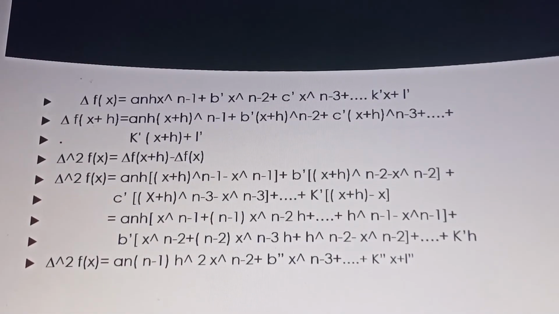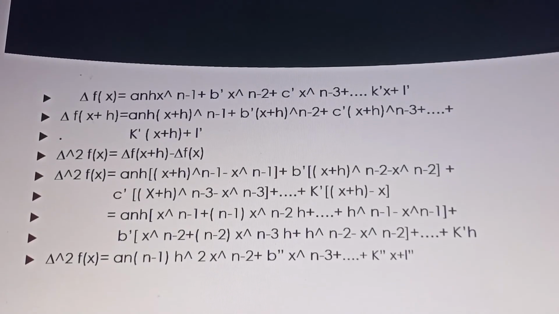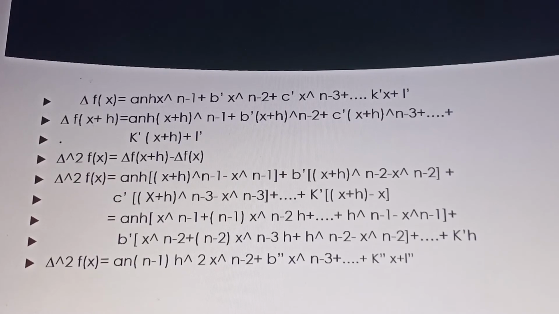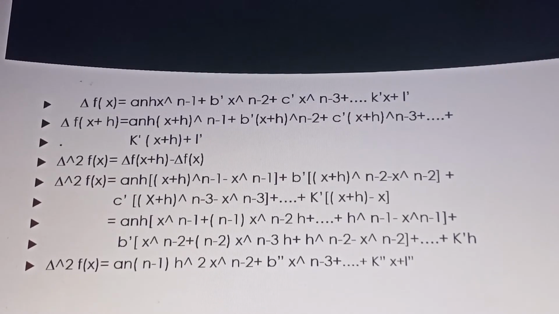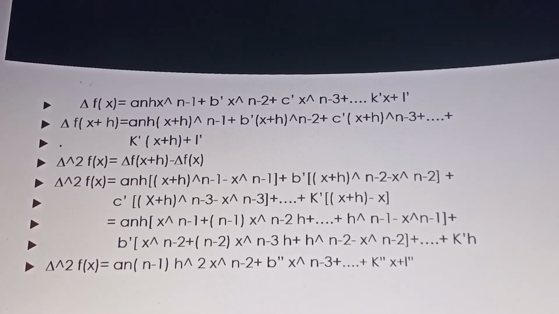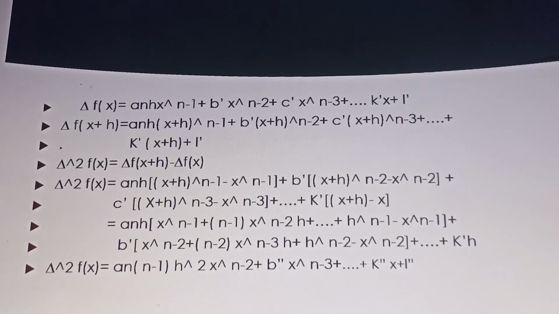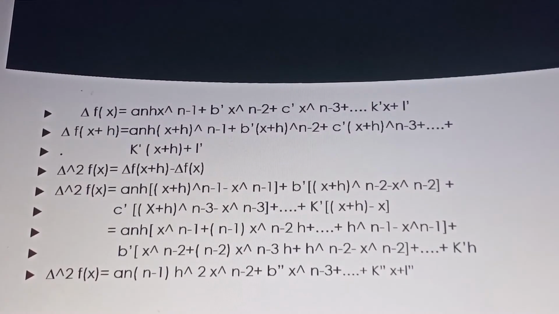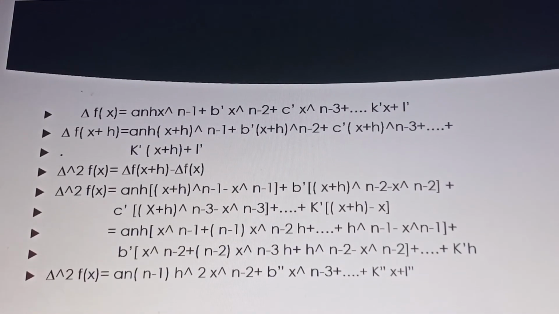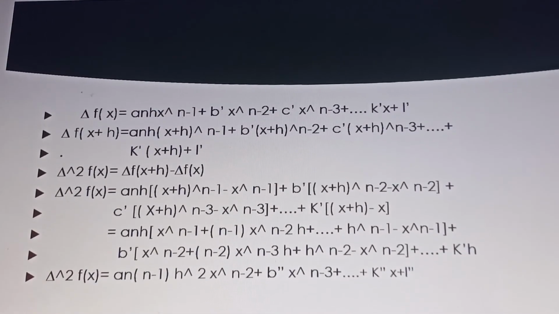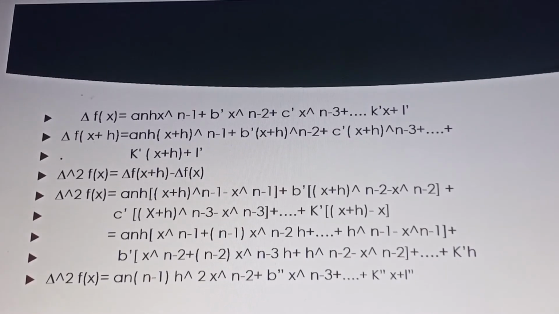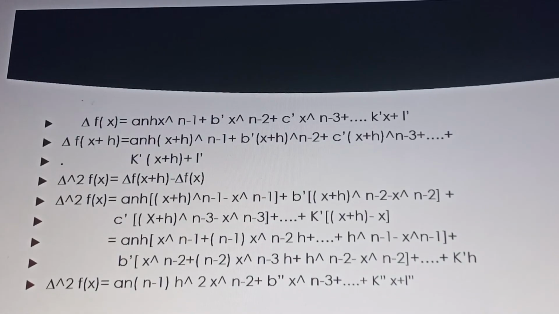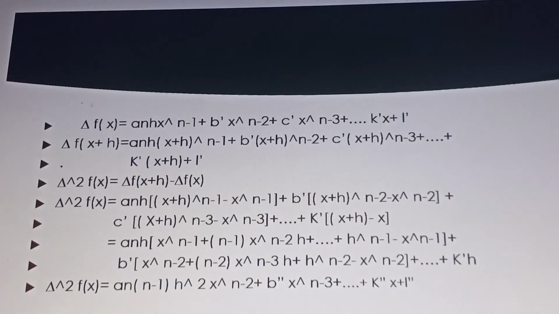Then, equal to a n h into x raised to n minus 1 plus n minus 1 into x raised to n minus 2 h plus up to h raised to n minus 1 minus x raised to n minus 1, plus b dash into x raised to n minus 2 plus n minus 2 into x raised to n minus 3 h plus h raised to n minus 2 minus x raised to n minus 2 plus up to k dash h.